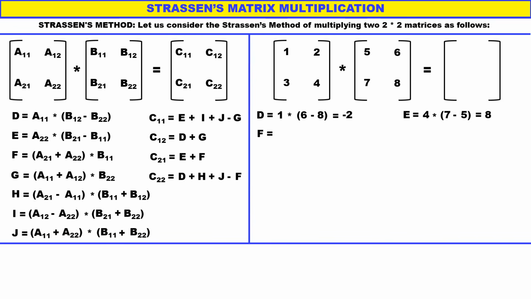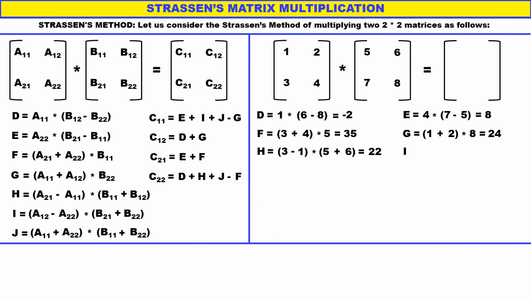F value is A21 plus A22 into B11. So we got 35. Similarly, G is A11 plus A12 into B22. So we got 24. For H, A21 minus A11 into B11 plus B12.